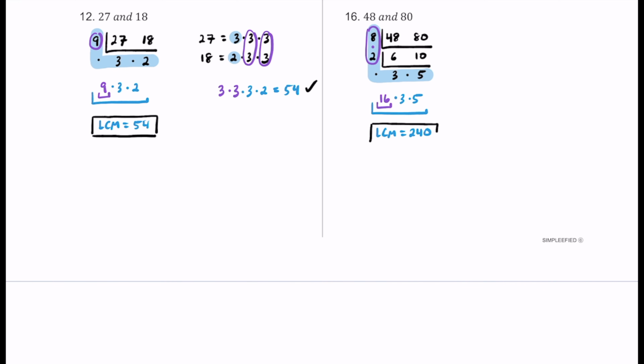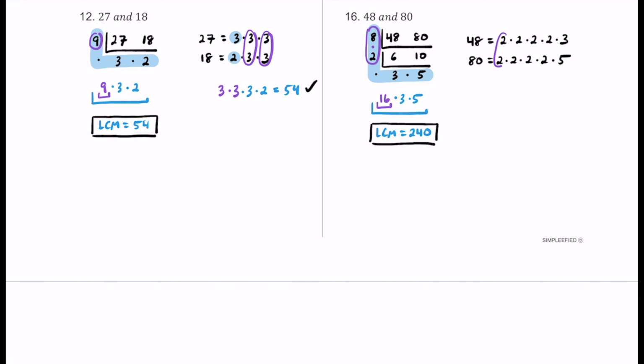Okay, and if we try our other method of prime factorization for 48, that comes out to 2 times 2 times 2 times 2 times 3. And then for 80, that's going to be 2 times 2 times 2 times 2 times 5. All right, so what do they have in common?